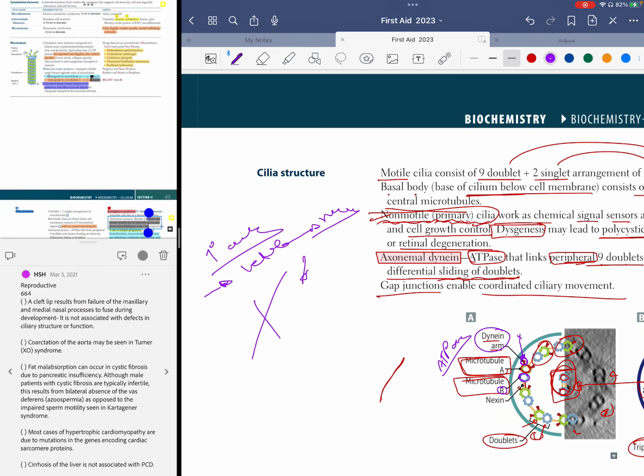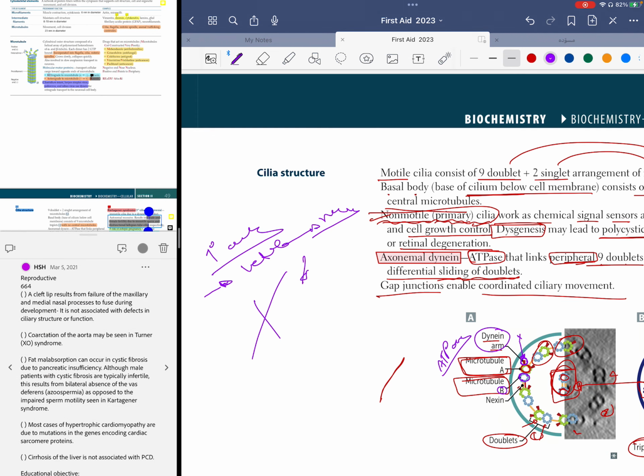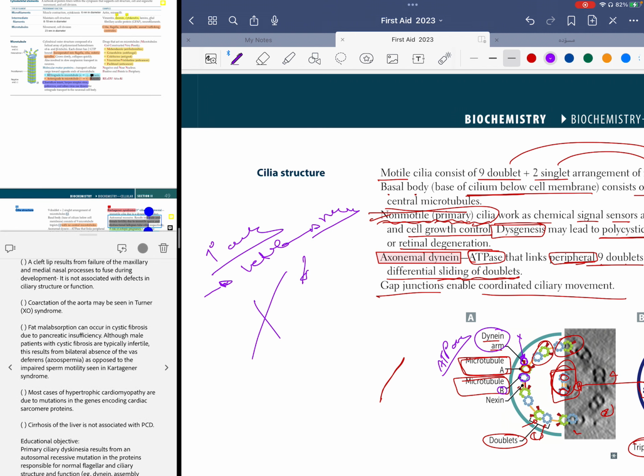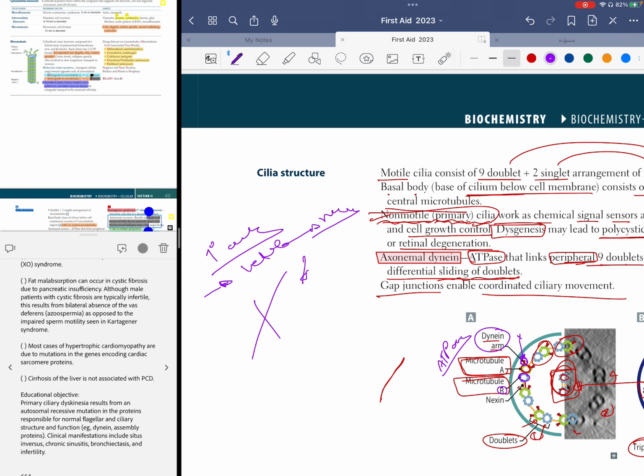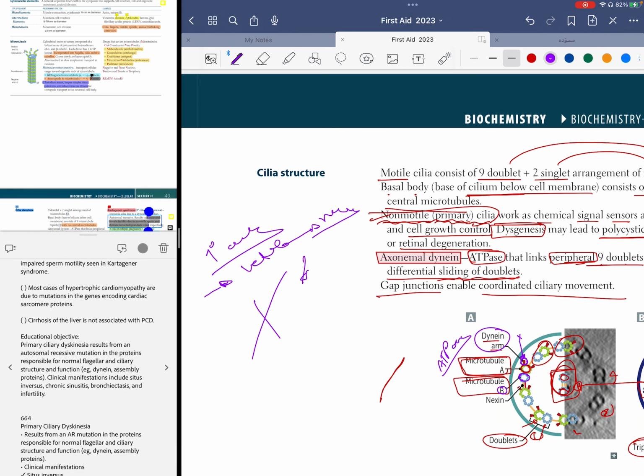So that's Kartagener syndrome. Okay, so primary ciliary dyskinesia results from an autosomal recessive mutation in the protein responsible for normal flagellar and ciliary structure and function, just like dynein assembly proteins.